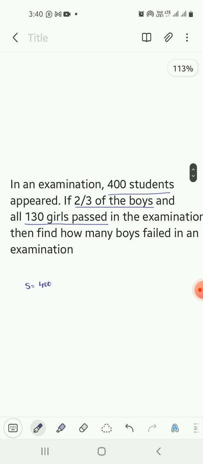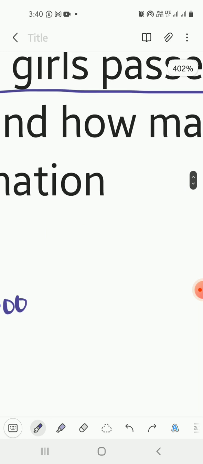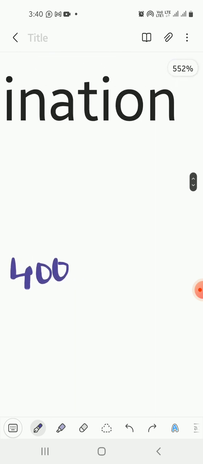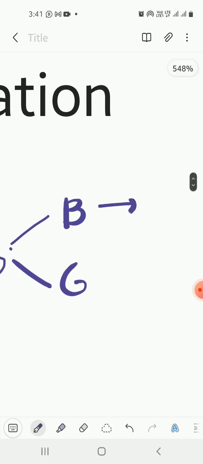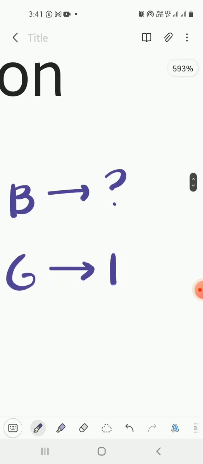But over here it is written all 130 girls, which means out of these 400 students, there is a number of boys and also a number of girls. Number of boys I don't know, but I know the number of girls, which is 130, because there were 130 girls and all of them have passed. But the number of boys is not known.